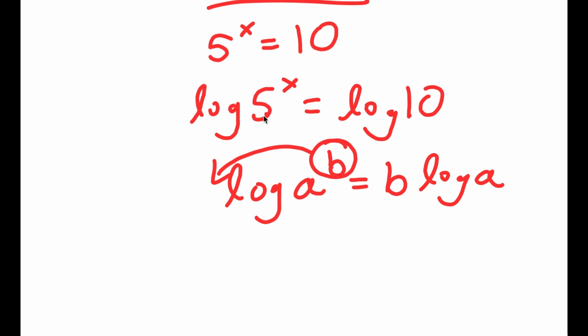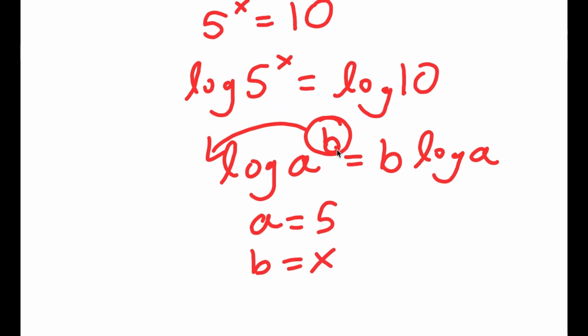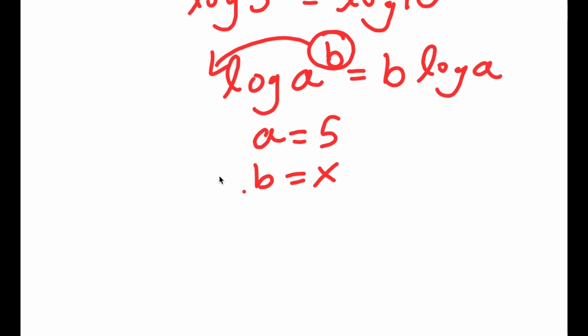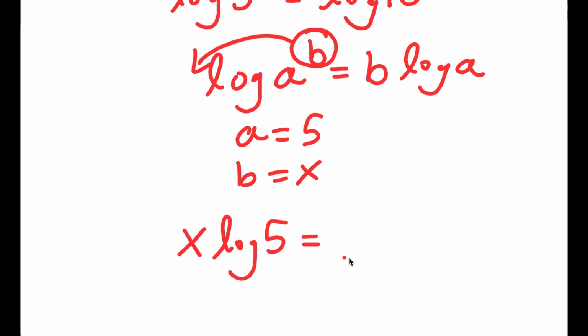So in this case, I have log of 5 to the power of x, and we can think of a as 5 and b as x. So I can move b, or x in this case, to the front of the logarithm. And this is going to equal x times log 5 is equal to log 10.